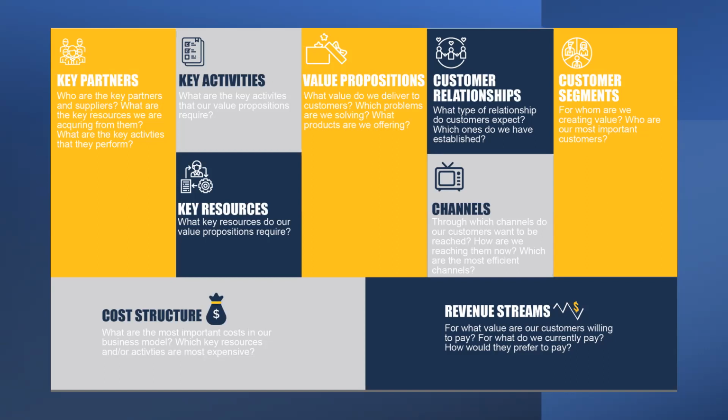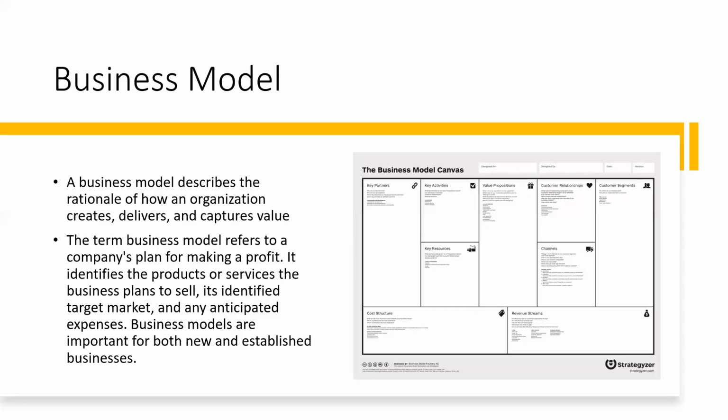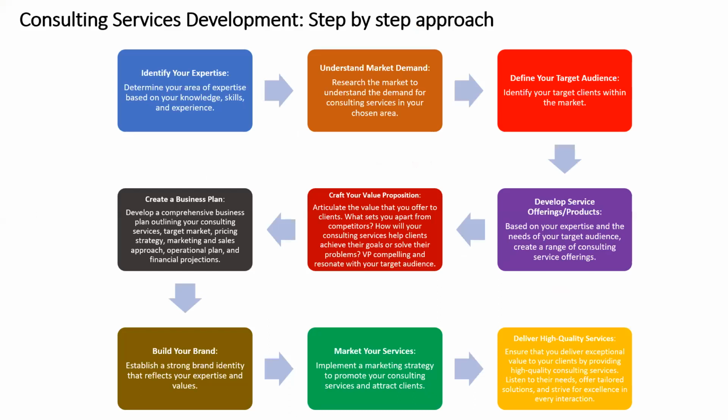Now, we're talking about how to design a business model. A business model is basically identifying what you are selling, identifying who you are selling it to. Just like you said, the very first thing you want to be doing before you start your consulting is identifying your expertise, understand your market, define your target audience.